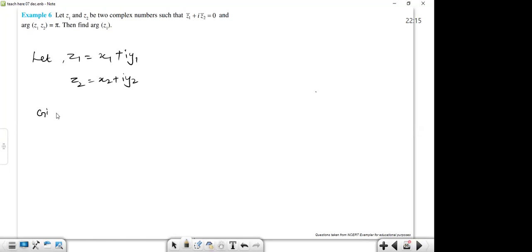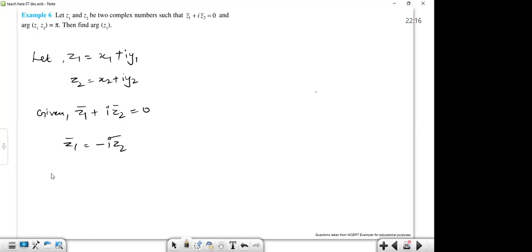What is given to us is that Z1 conjugate plus iota Z2 conjugate is equal to 0. So let's take this term on the right hand side. Do you agree this will be written like this, right?